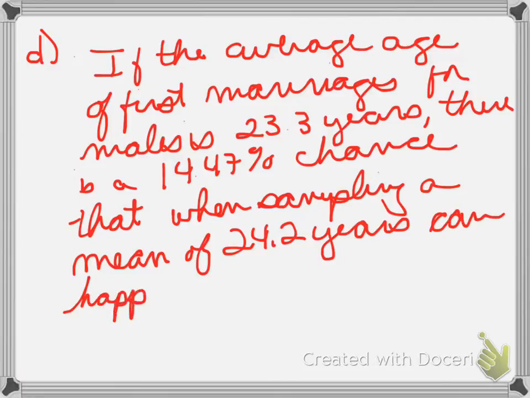Remember, it's the probability that if H0 is true, what's the probability that HA can happen. And the answer is 14.47. That's what the p-value is.